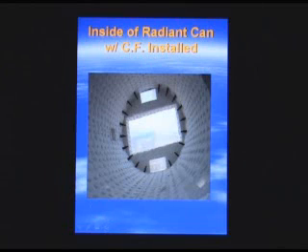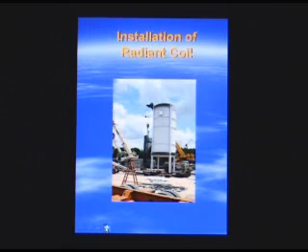Inside view of the radiant section showing the ceramic fiber installed. You can see the tube hangers on the top here. And this is the outlet going into the convection section. You can see this is all lined with ceramic fiber. We'll show you the convection section in a minute.